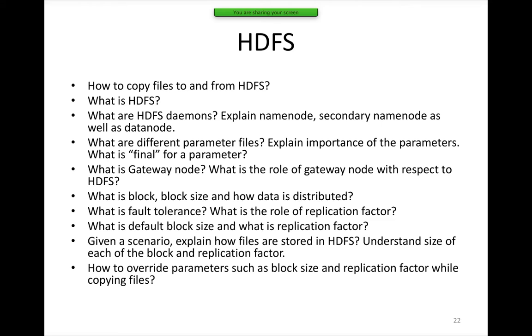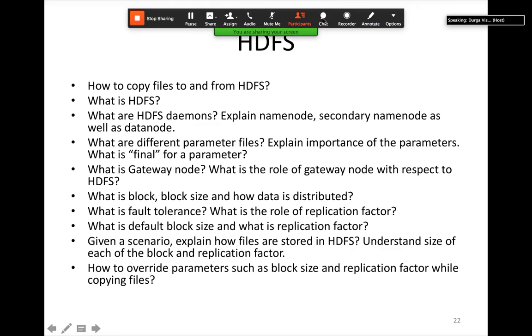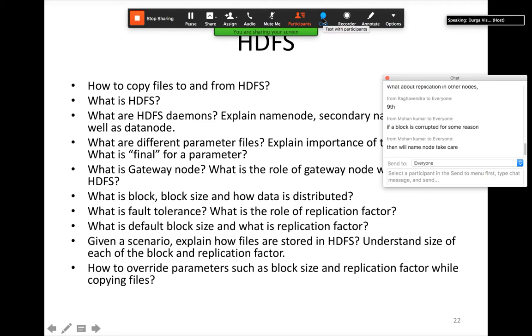Okay, it's a very good question. The question is from Mohan: if a block is corrupted for some reason, then will the name node take care of it? So the way the corruption is handled, right?